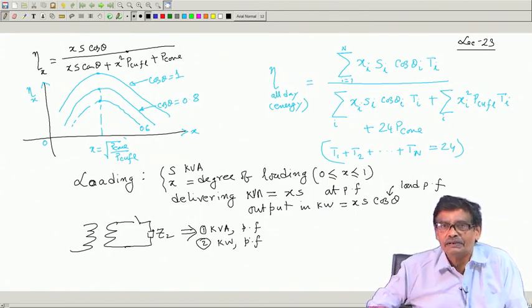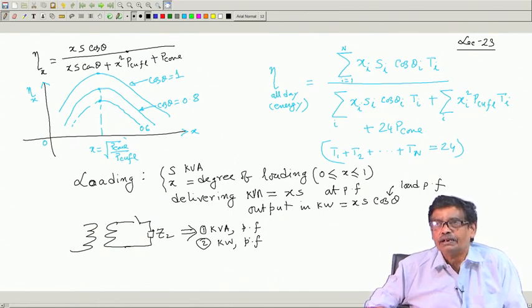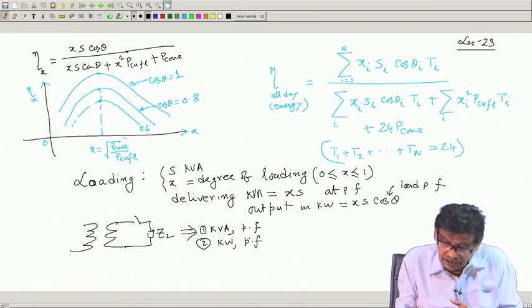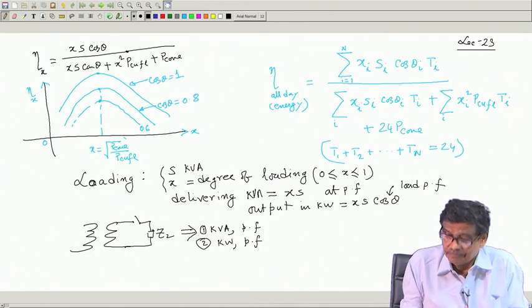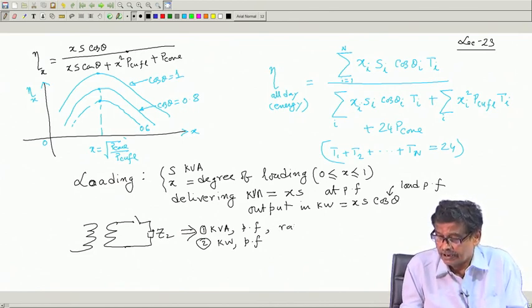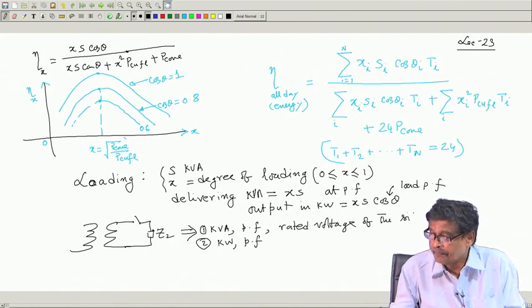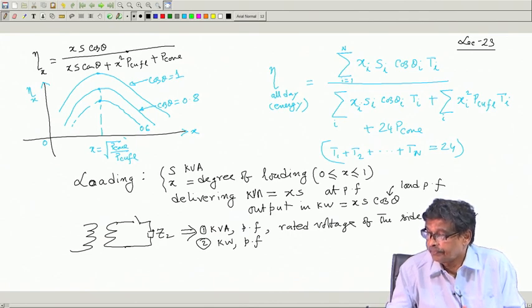That is, the load is 100 kilowatt, 0.8 power factor lagging. You have fully described the load, and voltage is the rated voltage of that side where the load is connected.